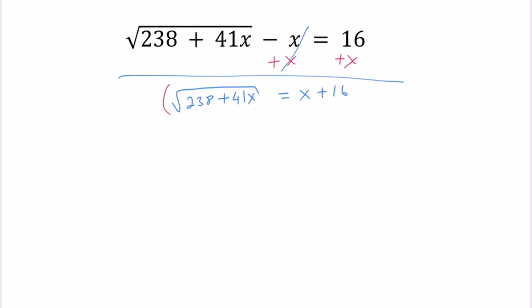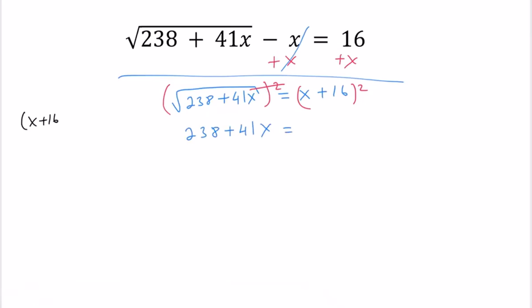Get rid of the square root, square on both sides. So the square and the square root cancel out. And we have 238 plus 41x is equal to x plus 16 squared.